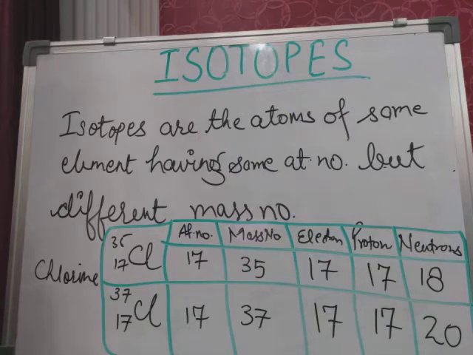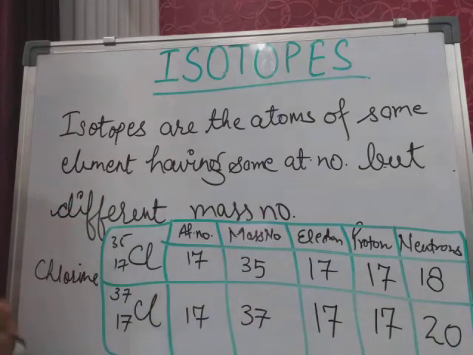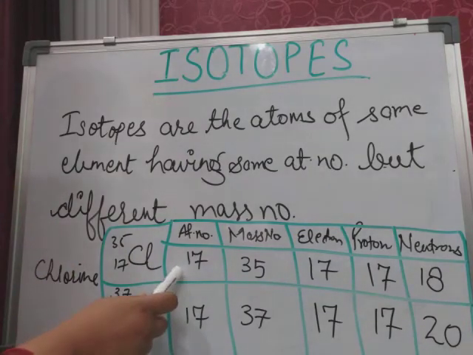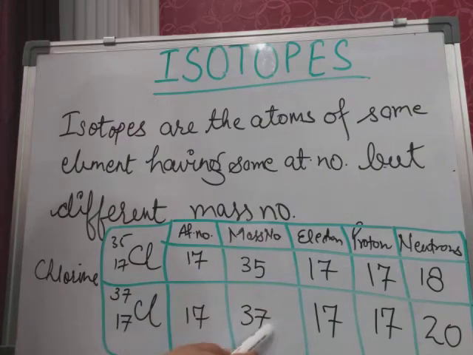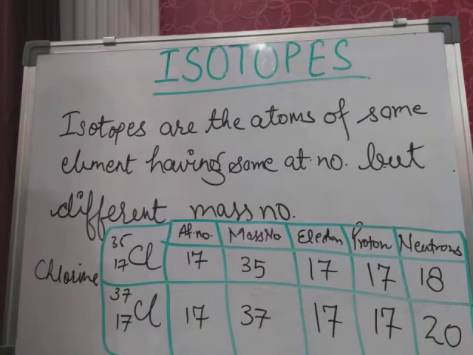This shows that the two isotopes differ in their mass numbers, and this difference is because of the difference in the number of neutrons. So isotopes have the same atomic numbers but their masses are different because they have different numbers of neutrons. Okay, so this was about isotopes.